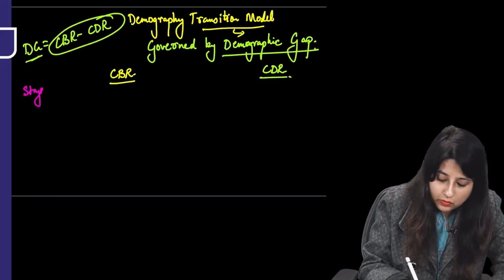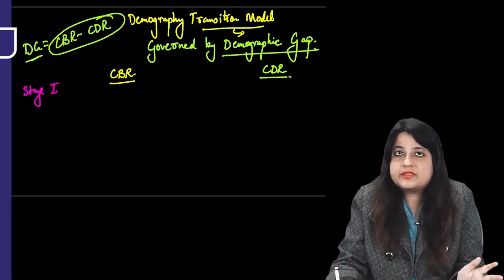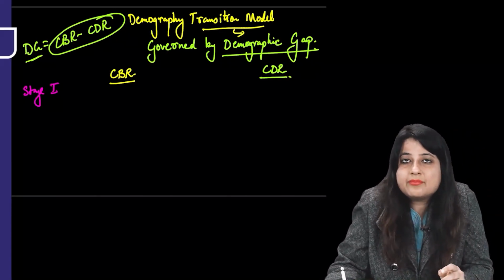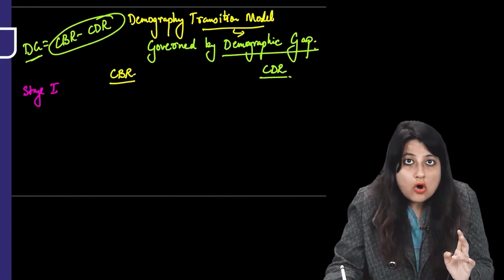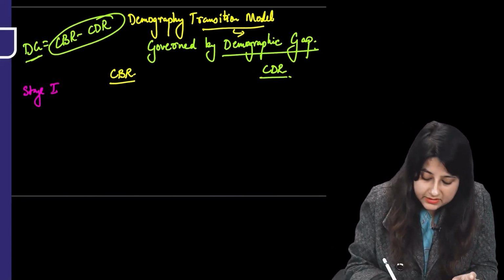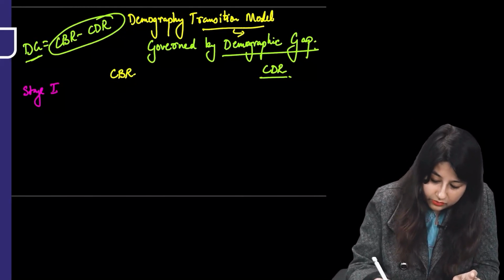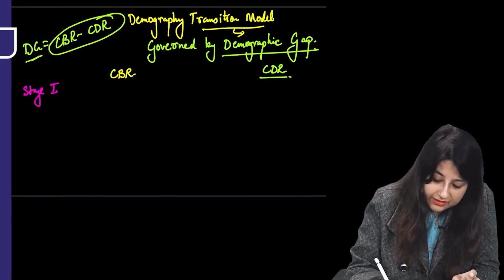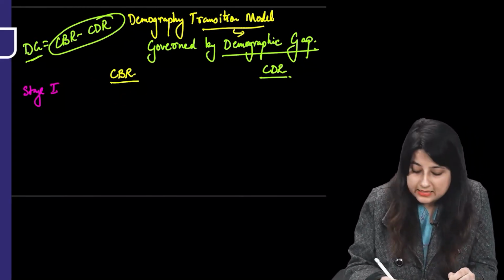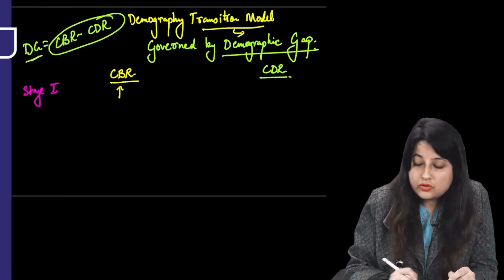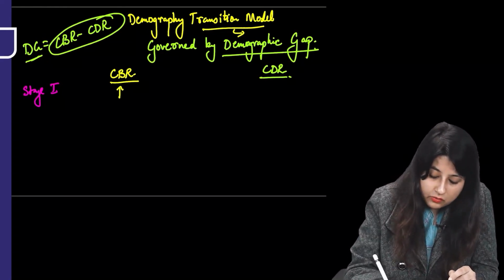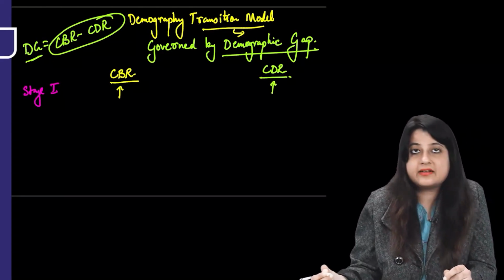This is stage 1. Now, when a country forms, what do you think is happening to the birth rate and death rate? When a country forms, the birth rate is high, and the death rate is also high.